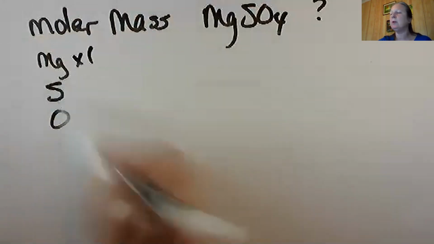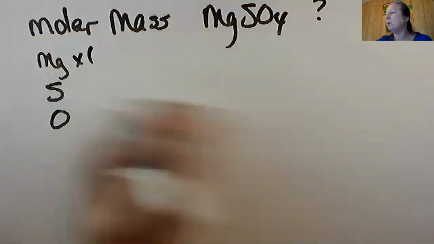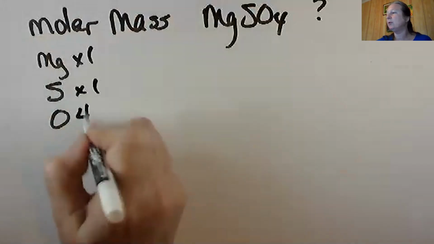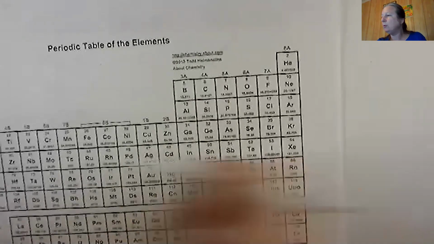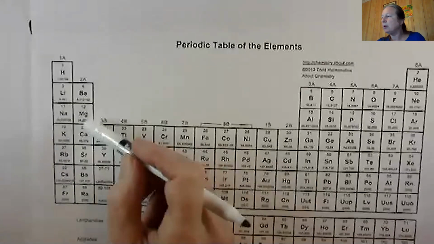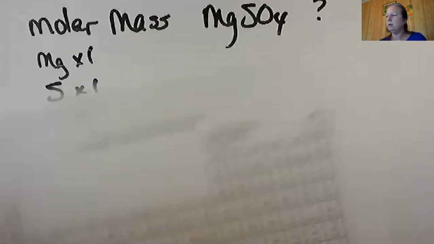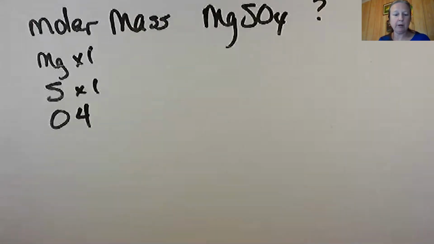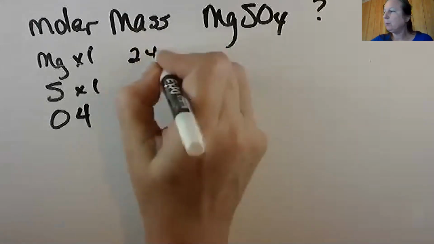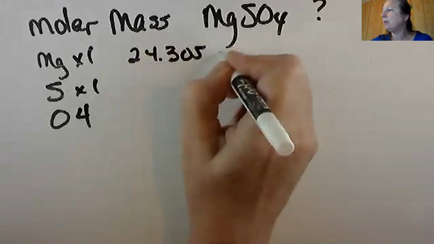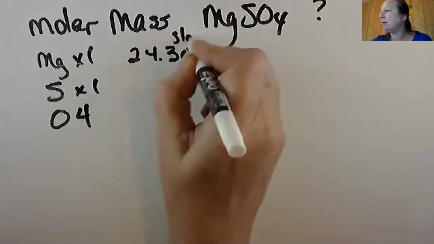I have magnesium, sulfur, and oxygen. I have 1 sulfur, and I have 4 oxygens. So I go to my periodic table, which I know is fuzzy, and I'm going to go to magnesium, and I'm going to get that little number down there, and you're going to get it from your periodic table, and it says 24.305 grams, and I'm just going to head it here.